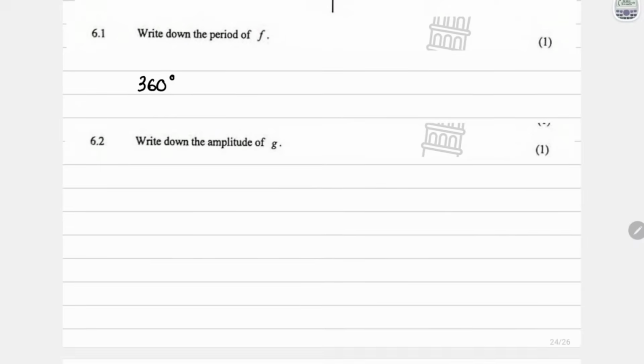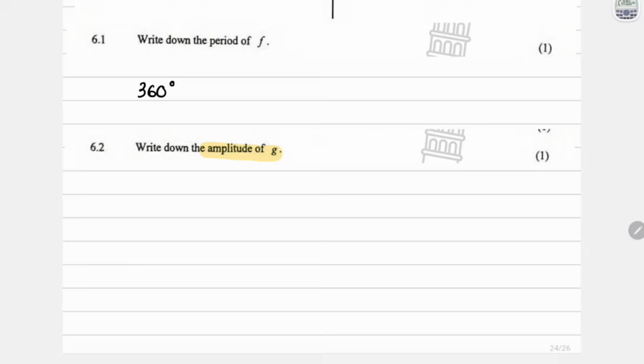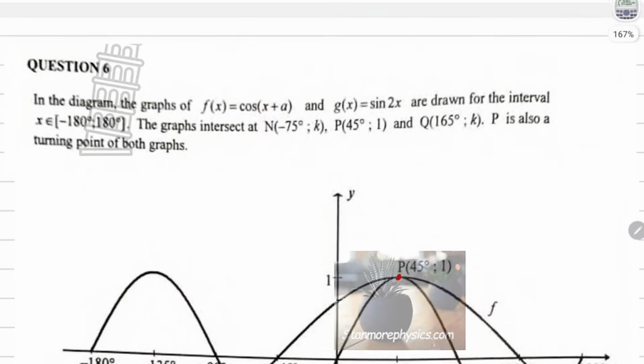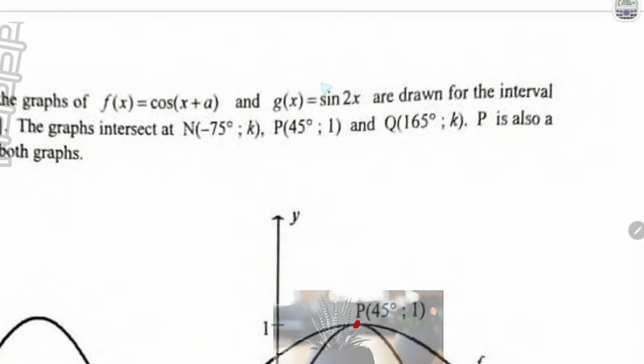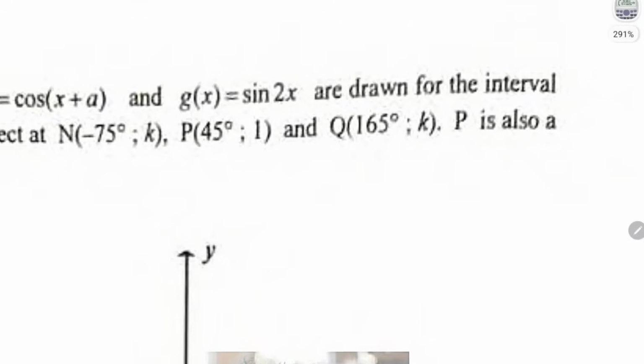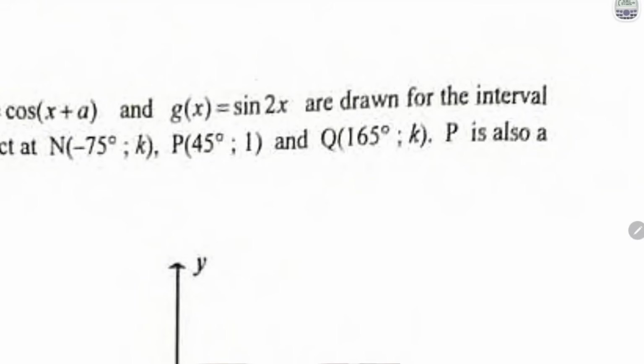The next question is write down the amplitude of g. Okay. So amplitude of g, we can look at it by just looking at the equation. The amplitude is going to be the absolute value of whatever your coefficient of that function is. So in front of sine 2x, there's an invisible 1. I say absolute value because sometimes it can be negative, but you don't have to really consider that.